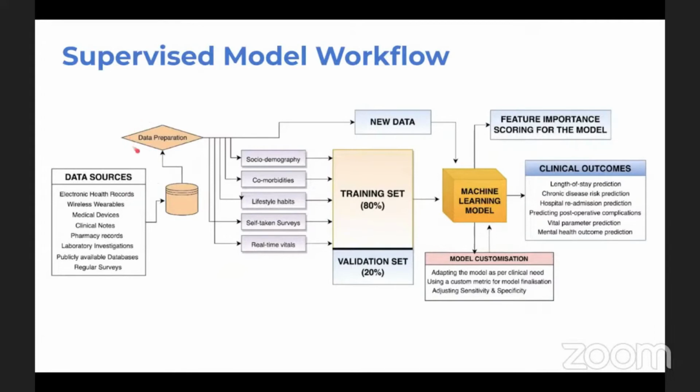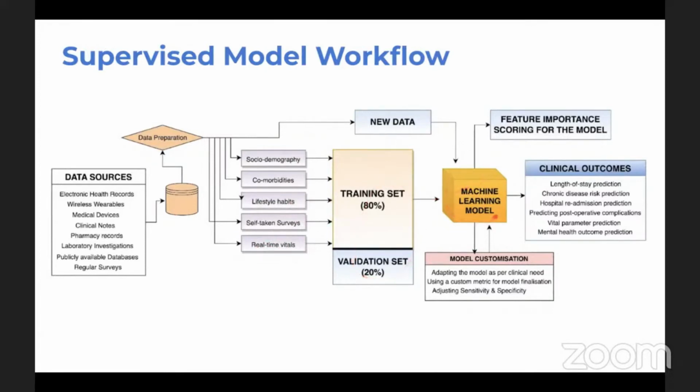Then comes the data preparation, and from there you can get certain variables. You can get socio-demographic variables, comorbid conditions, lifestyle habits, self-taken surveys, and real-time vitals. Each category will have multiple features, and those will be fed to the training data set, with a validation set, to develop the model.